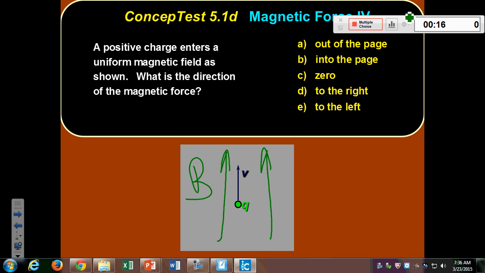So our magnetic force here is up. Remember what our cross product is. When we're finding this force, it's the product of two vectors that are perpendicular to one another.